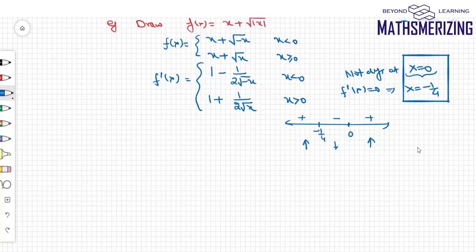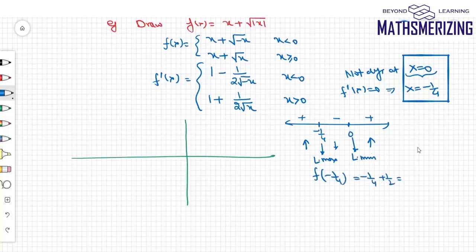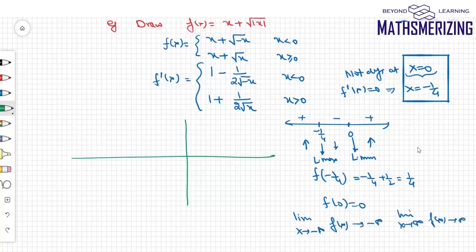At minus 1 by 4, it will be a point of local maxima, and 0 is a point of local minima. The value at minus 1 by 4 is 1 by 4, and the value at 0 is 0. I'll also find limits. Limit x tends to minus infinity f(x) will be minus infinity. Limit x tends to infinity f(x) is plus infinity.